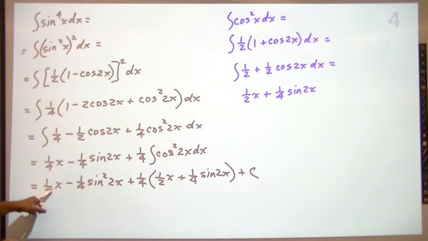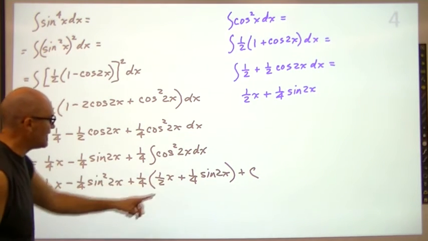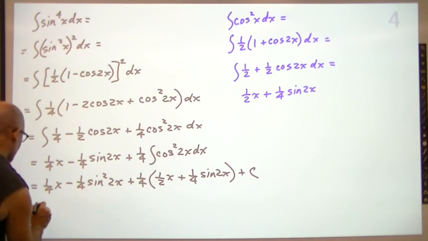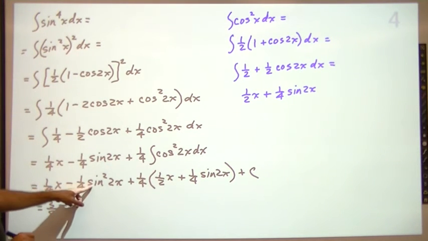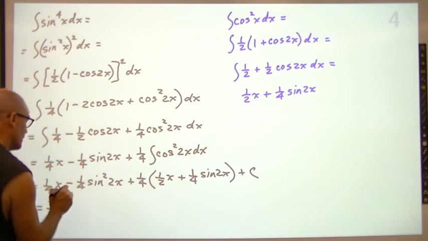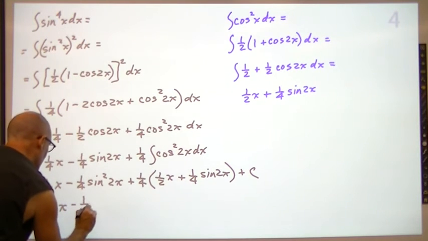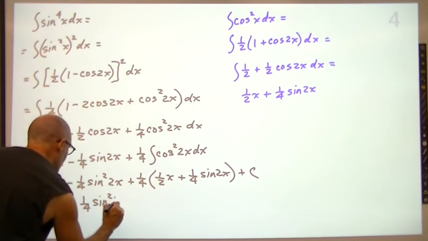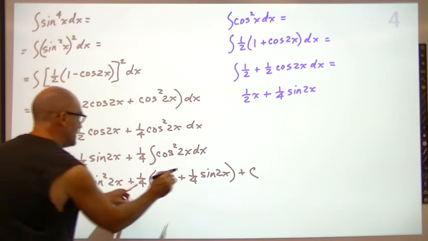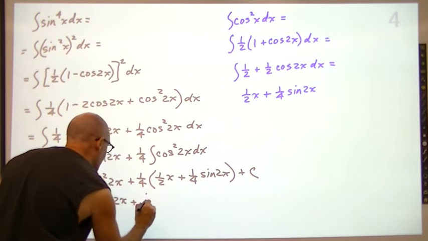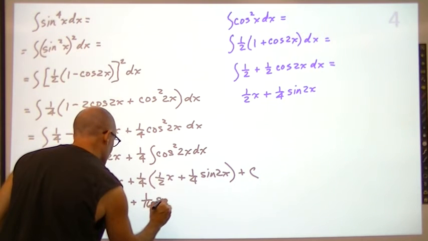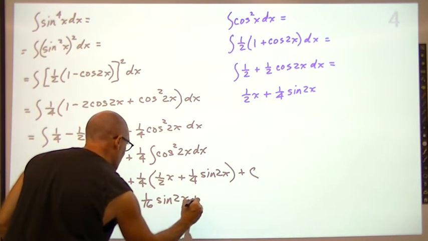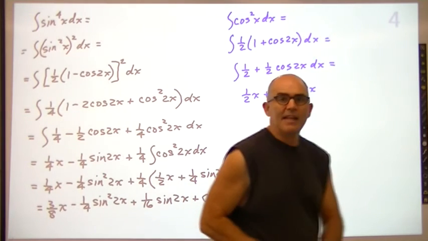So now what do we have? 1/4 x plus 1/8 x, that's going to be 3/8 x, minus 1/4 sine squared 2x plus 1/16 sine 2x plus c. That's it, game over.